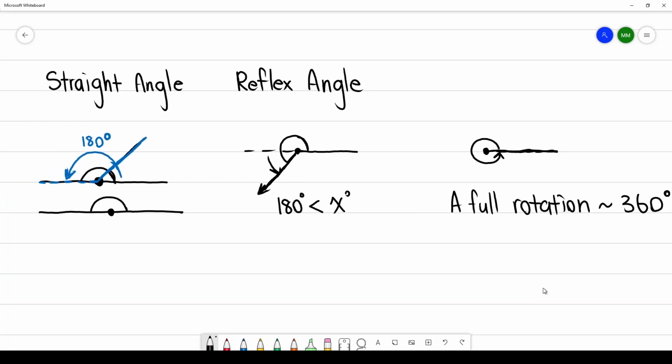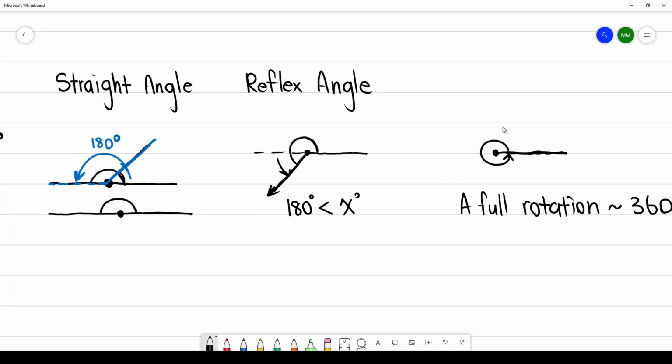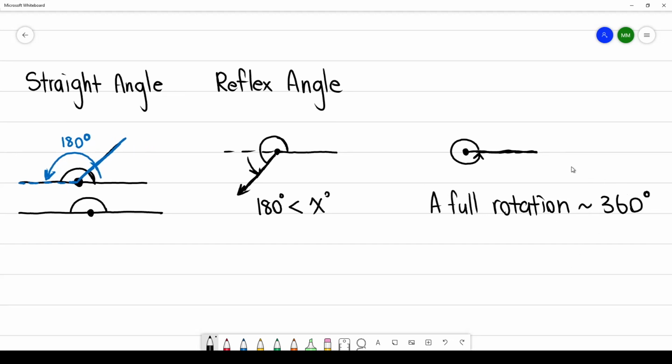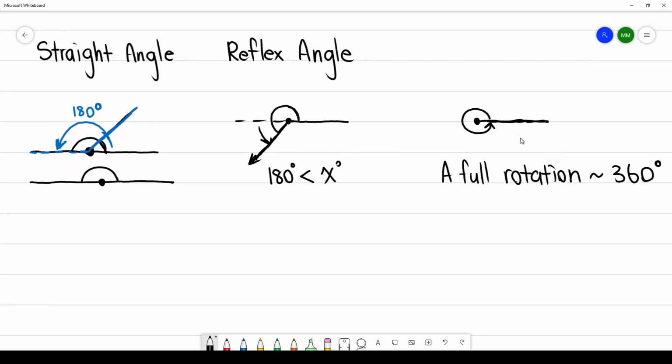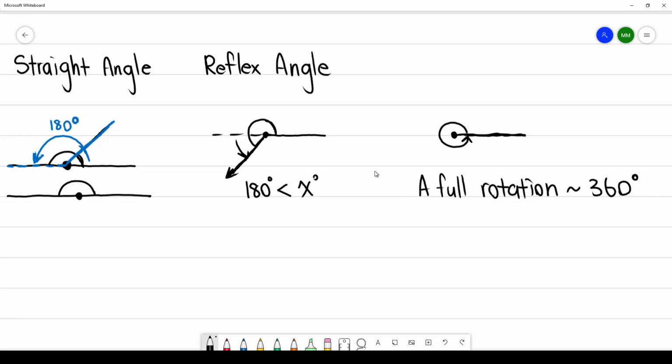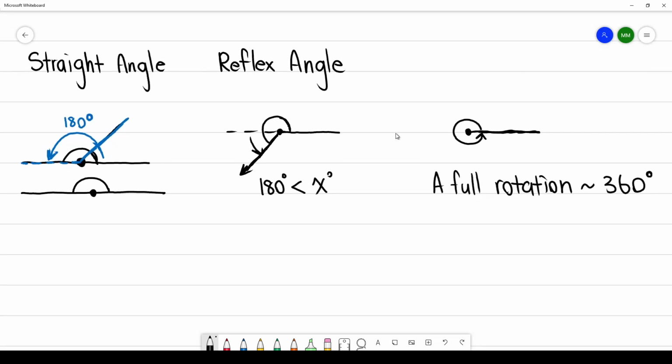And then you can actually rotate this even more. Another circle, and then it becomes 360 times 2, which is 720 degrees. It might not look straight, and why would you rotate it more than 360? Well, it has applications in the future. We're going to look at that later.